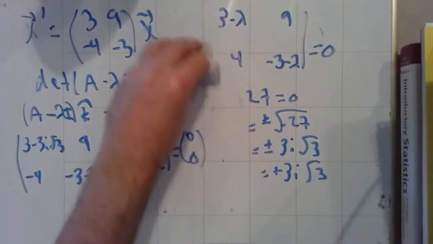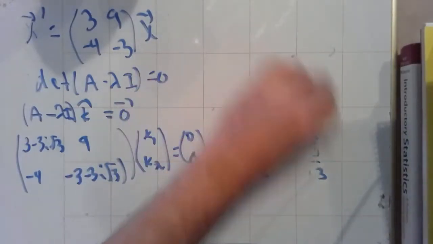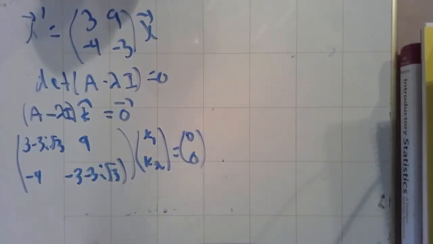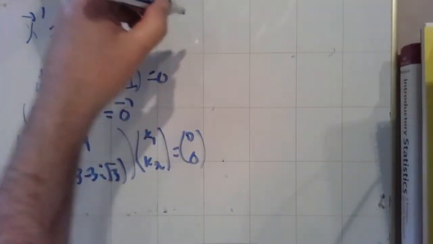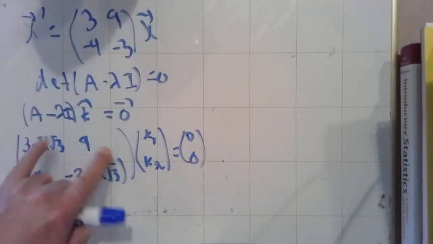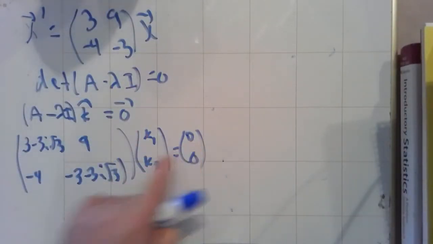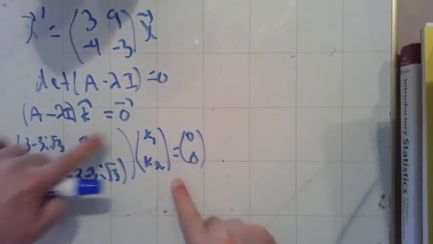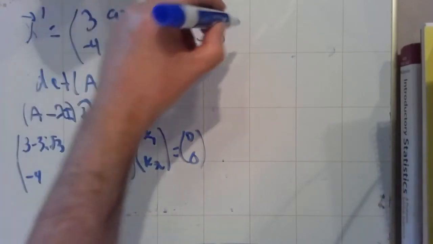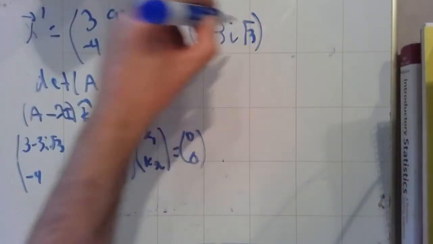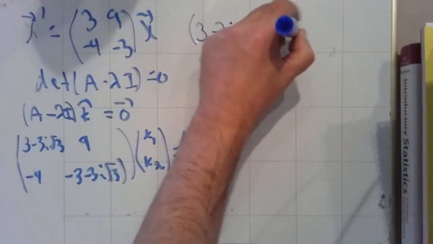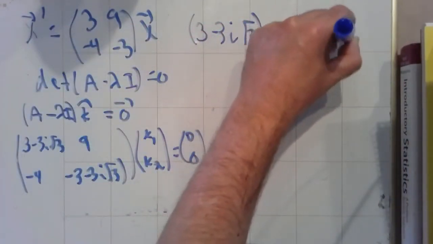Now, just like always, we do not get two independent equations here. The top and the bottom are actually the same equations. I'm just going to write off the top. Remember, it's row times column equals element. So all of this times this, that will be 3 minus 3i root 3 k1 plus 9 k2 equals 0.